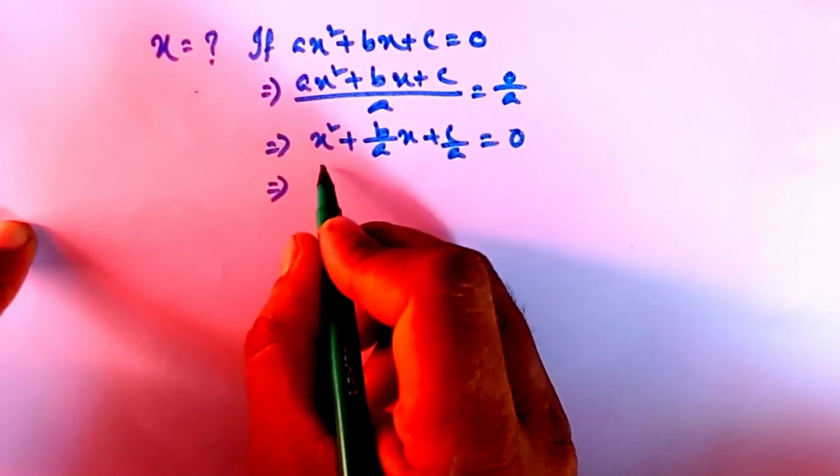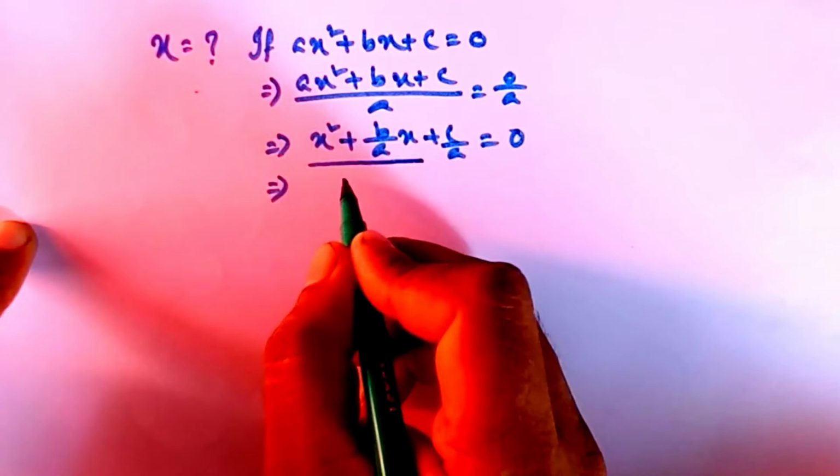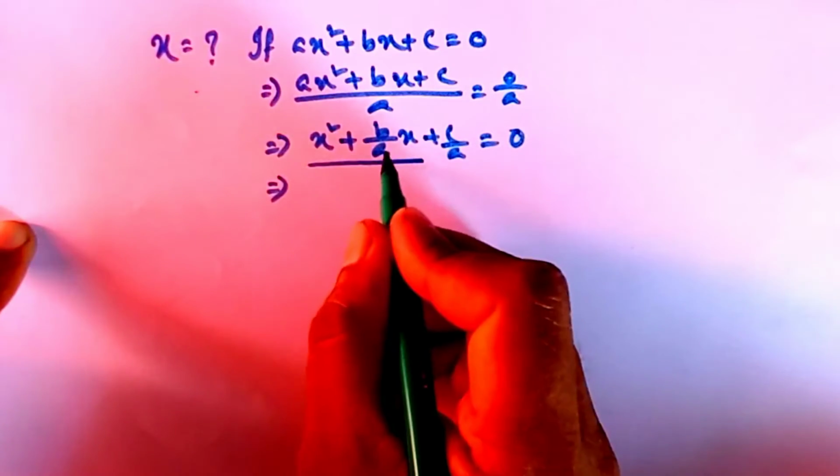And now this equation we make into an (a plus b) whole square form. How to make the (a plus b) whole square equation?